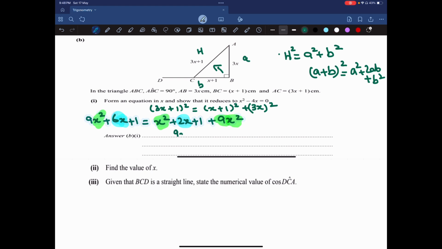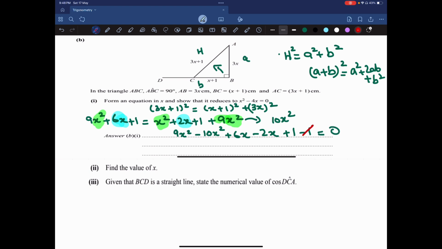It's going to be 9x square, or we can just simply, x square plus 9x square would be 10x square, right? So this would become 10x square. We're going to take 10x square to the other side, so it's going to become minus 10x square. Plus 6x, we're going to take 2x to the other side, minus 2x. Plus 1, and we take plus 1 to the other side, becomes minus 1, equals 0.